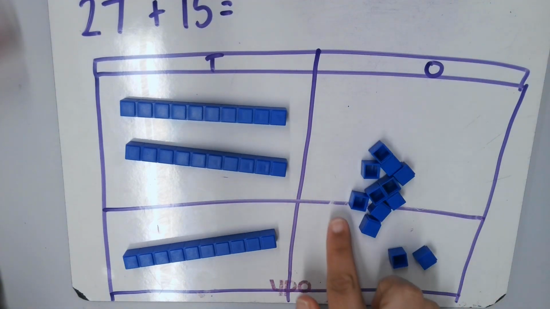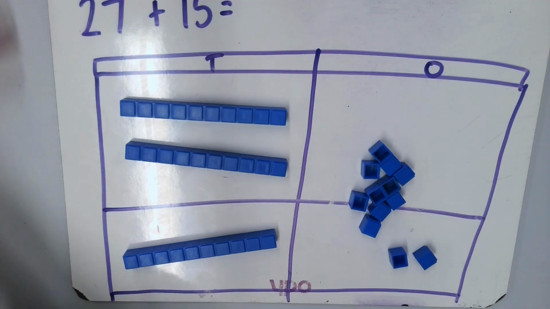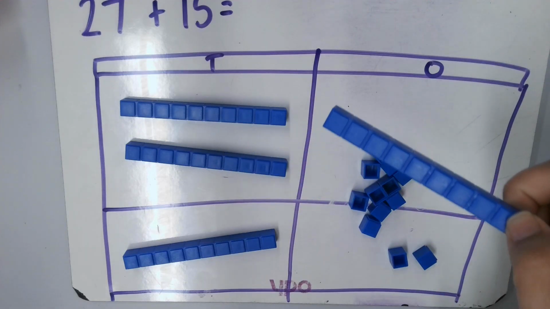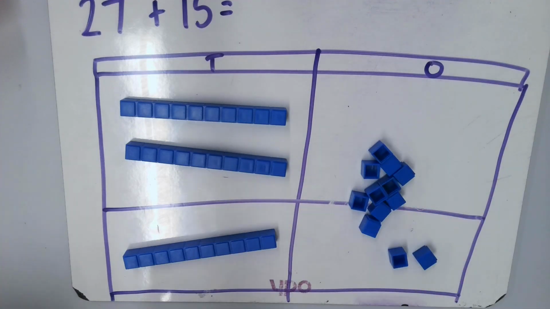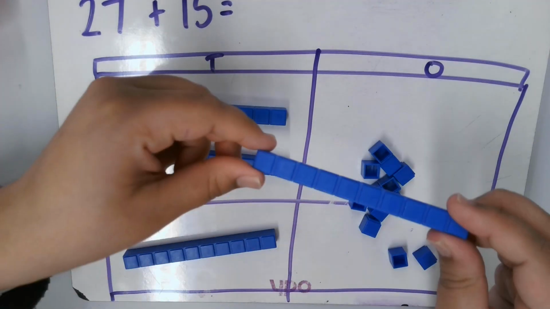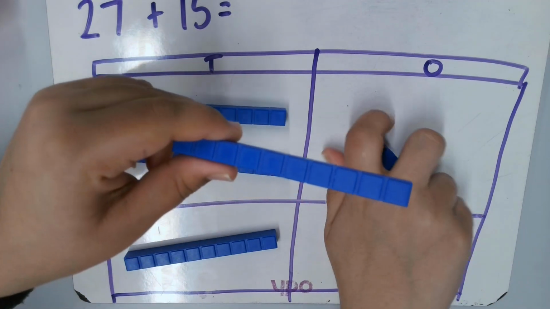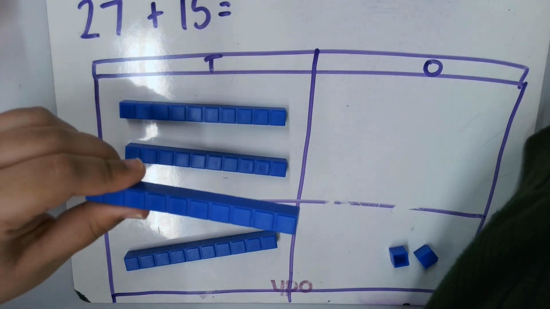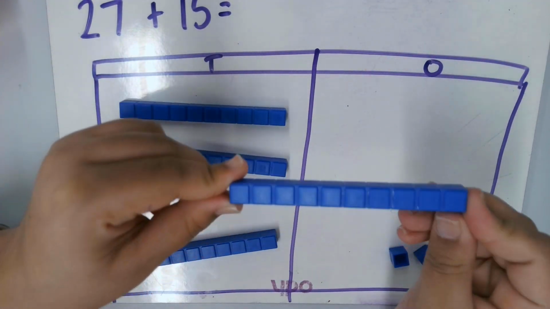I'm going to regroup 10 of my ones for 1 ten. Let me repeat that. I've got 12 ones altogether, but I can regroup 10 of my ones into 1 ten. I'm going to regroup, so I'm taking these 10 ones and replacing them with 1 ten.